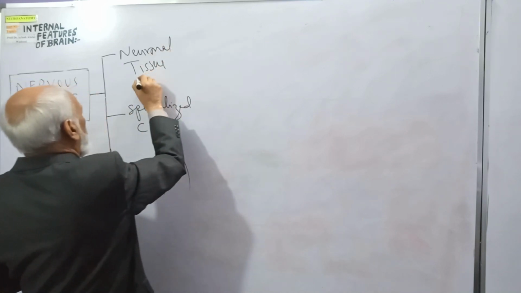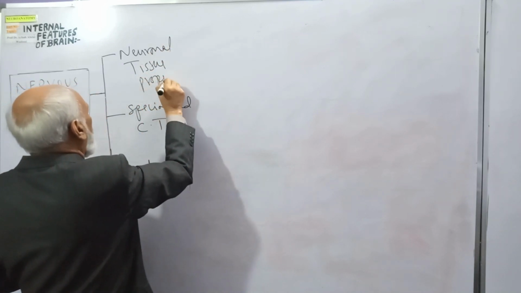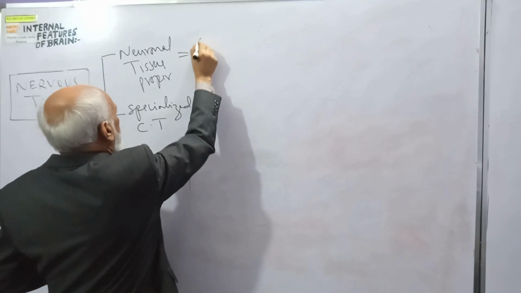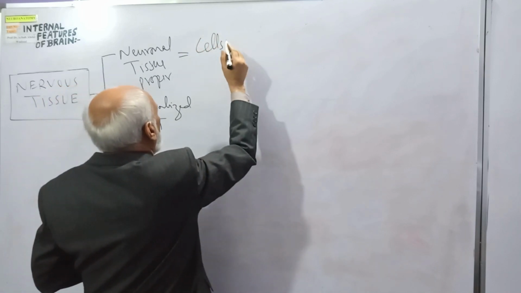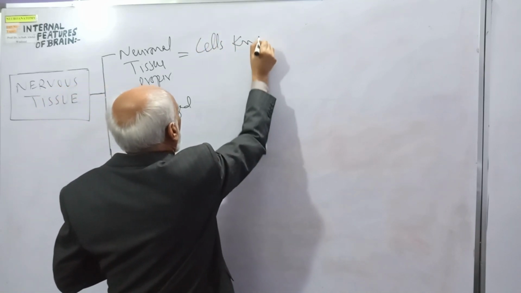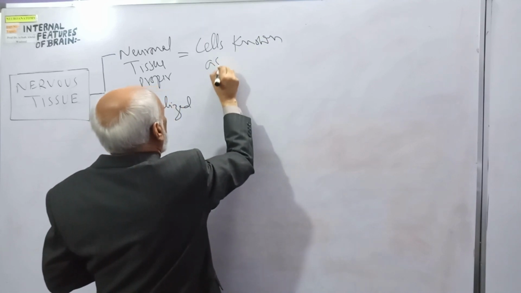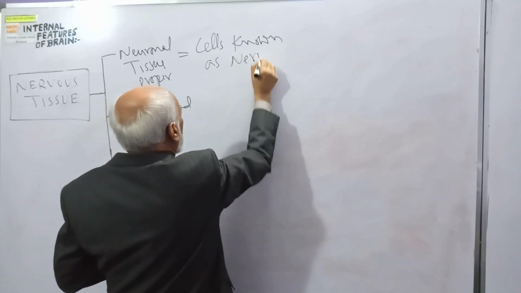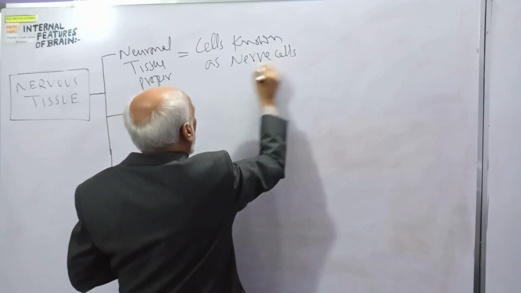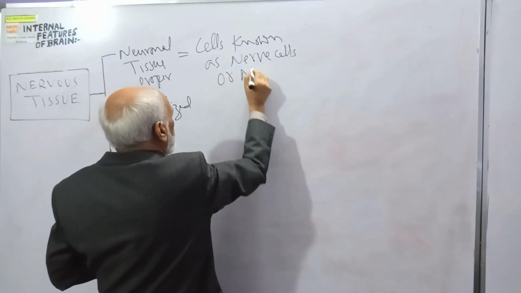Neuronal tissue proper comprises of cells known as nerve cells or neurons.